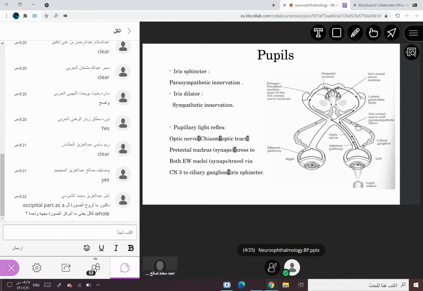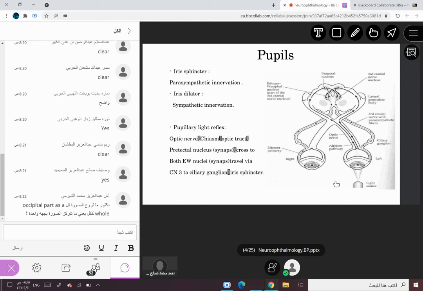The third cranial nerve usually passes with it parasympathetic fibers. Okay, it will travel via the third cranial nerve, then it will reach the ciliary ganglion from both sides. Then from the ciliary ganglion, the fibers will reach the iris sphincter. So the parasympathetic innervation will reach the iris sphincter and will cause miosis or constriction of both sides.